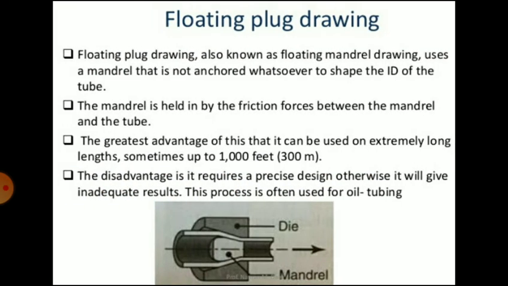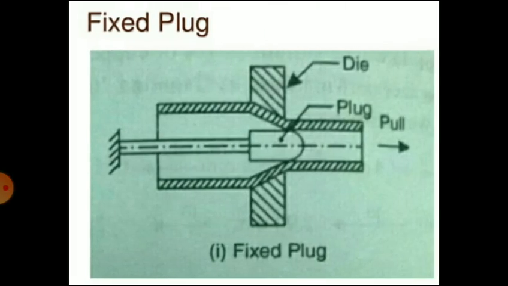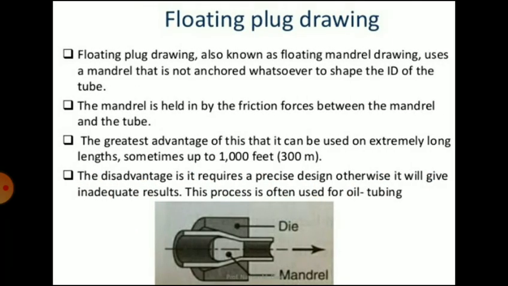Then the floating plug drawing operation. Floating plug drawing, also known as floating mandrel drawing, uses a mandrel that is not anchored whatsoever to shape the ID of the tube. So in this case, the mandrel is not fixed as in a fixed plug drawing operation. The mandrel is held in by the friction forces between the mandrel and the tube.